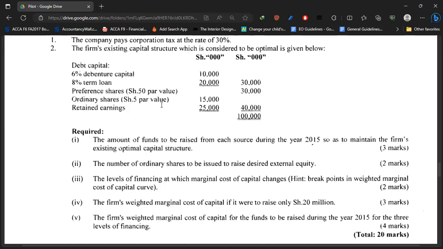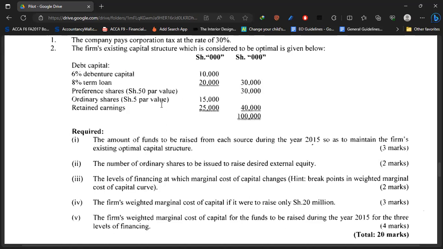Required: One, the amount of funds to be raised from each source during the year 2015 so as to maintain the firm's existing optimal capital structure. Two, the number of ordinary shares to be issued to raise the desired external equity. Three, the level of financing at which the marginal cost of capital changes, that is, the break point in the weighted marginal cost of capital curve.